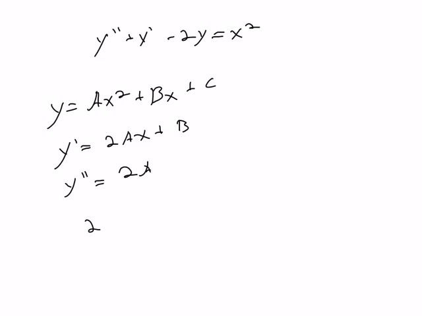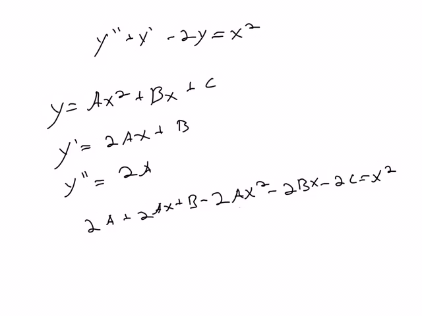So now we're going to have 2a plus 2ax plus b minus 2ax squared minus 2bx minus 2c is equal to x squared.